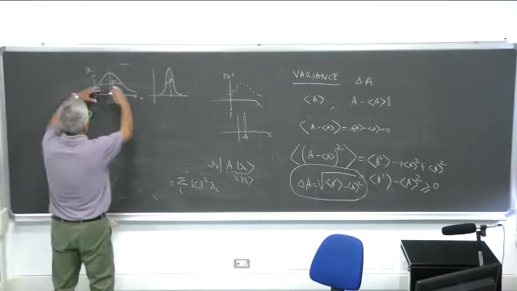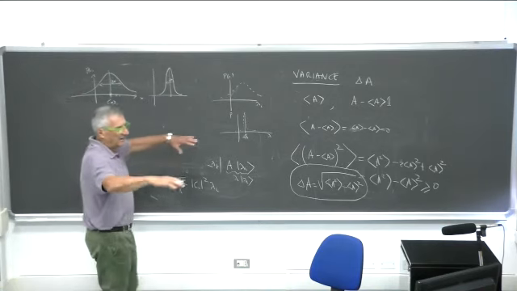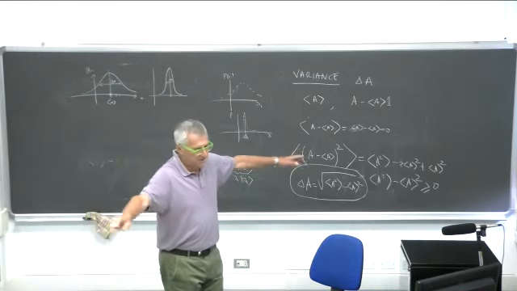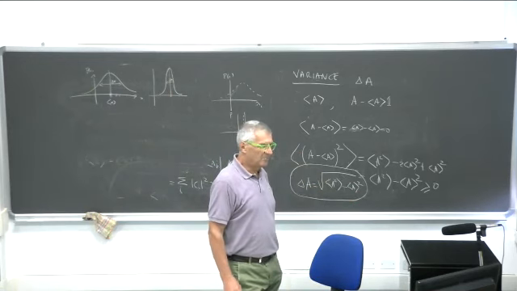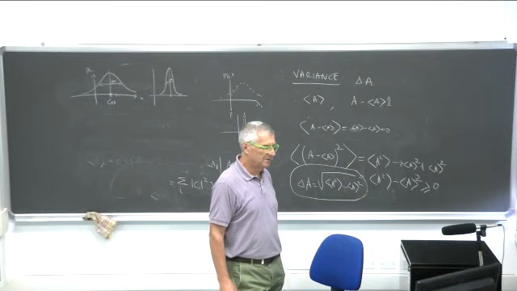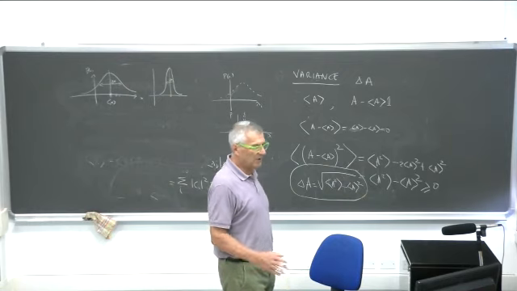If this is very flat, it means that your eigenvalues are sort of distributed randomly. I mean, they are very far from what you would have as a classical situation. Remember, we are in a given state.